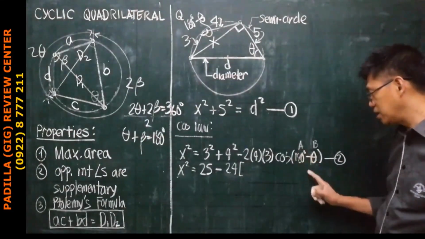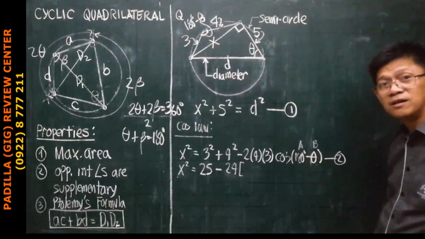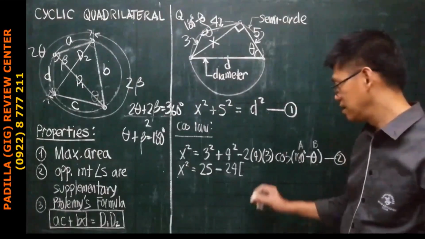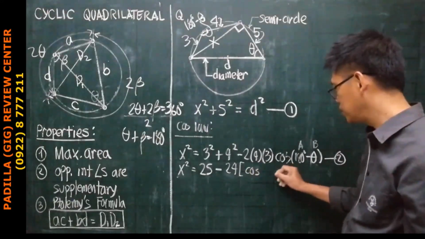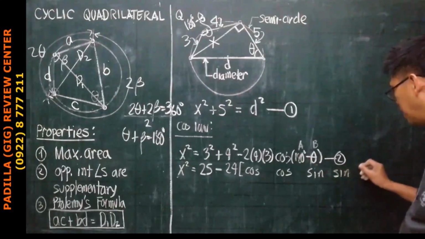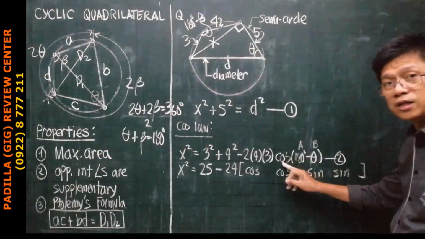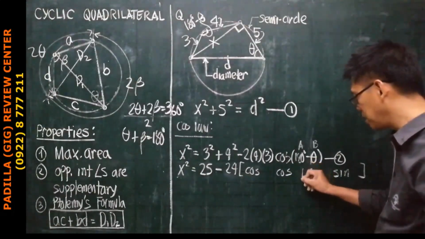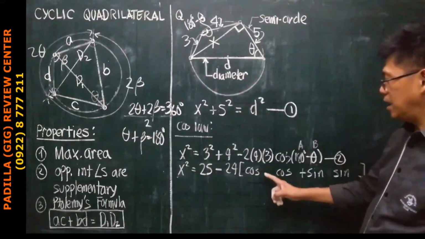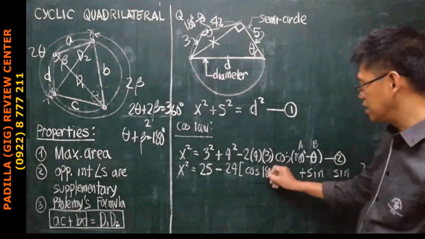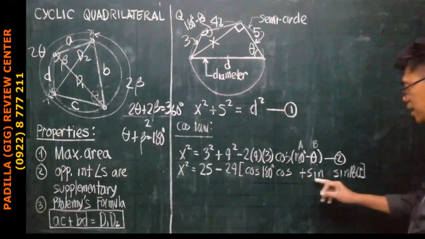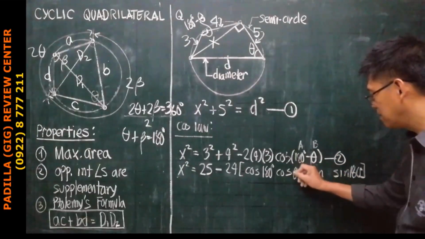Let me call this A, let me call this B. Cosine of A minus B is cos A cos B plus sin A sin B, so the sign becomes plus. Then A is 180 degrees and B is theta. Okay?